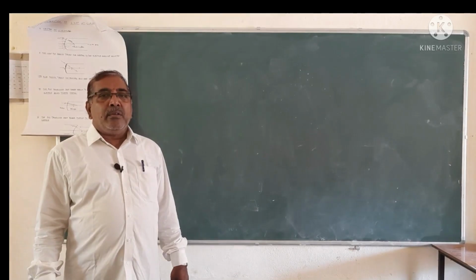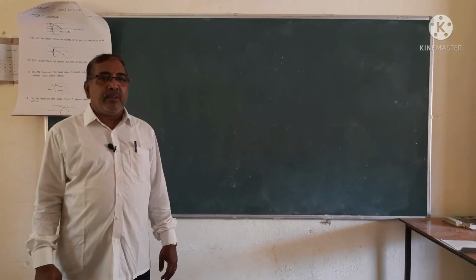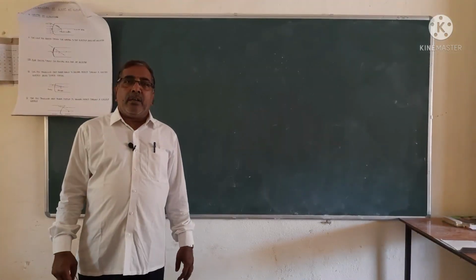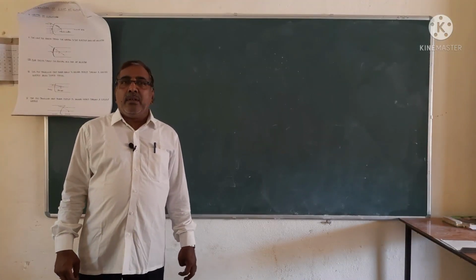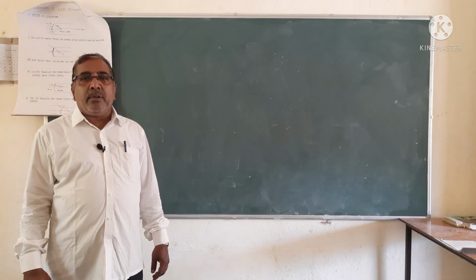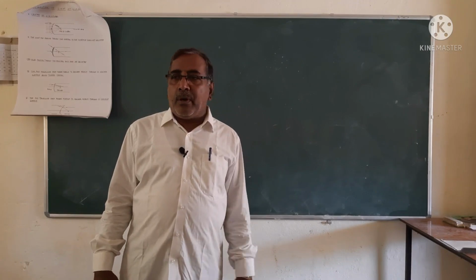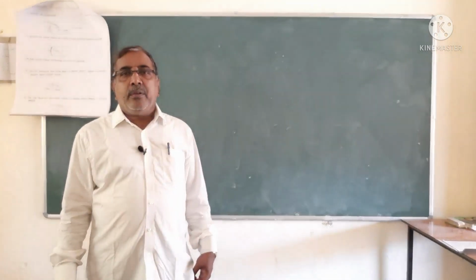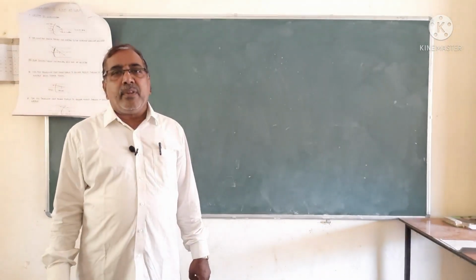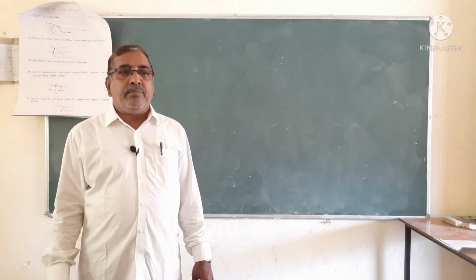Today, before going to the lesson, we recall some of the experiences in previous class regarding light. Light has so many properties like reflection, refraction, interference, diffraction, polarization, etc. In those properties, previously we learned the law of reflection.